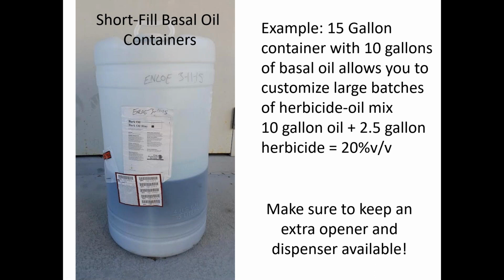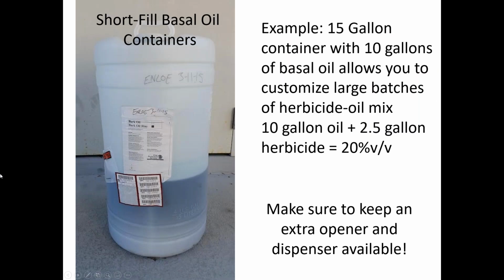If you don't have one, you can typically do it with a flathead screwdriver and a hammer, or needle nose pliers. But bottom line is, get the keys that open these things. And I recommend the dispensers too, that help you put these out into backpacks, because if you just try to pour directly out of these containers, they can get pretty messy pretty fast when you're trying to pour into a small mouthed backpack sprayer.